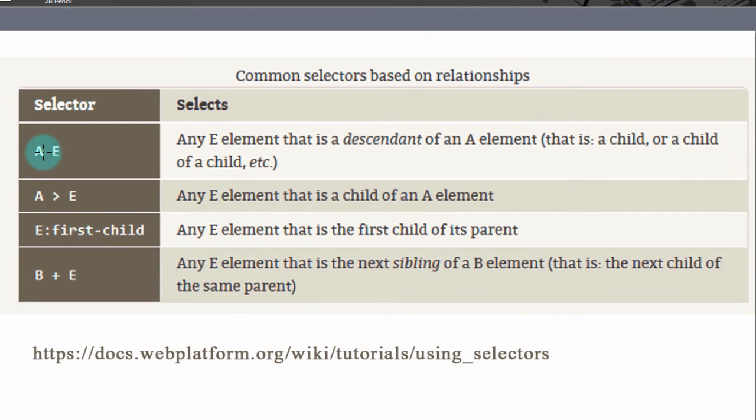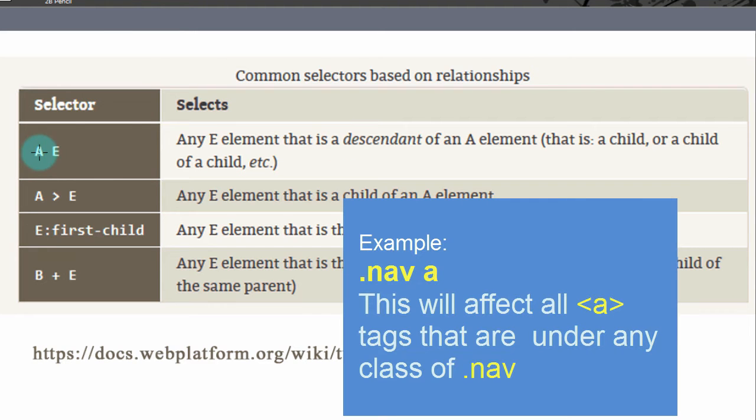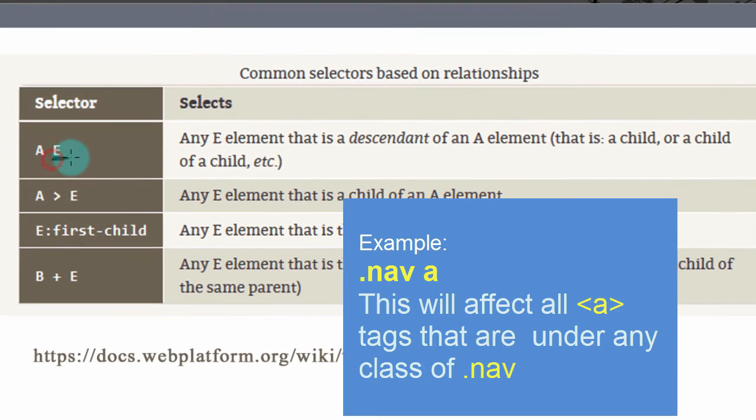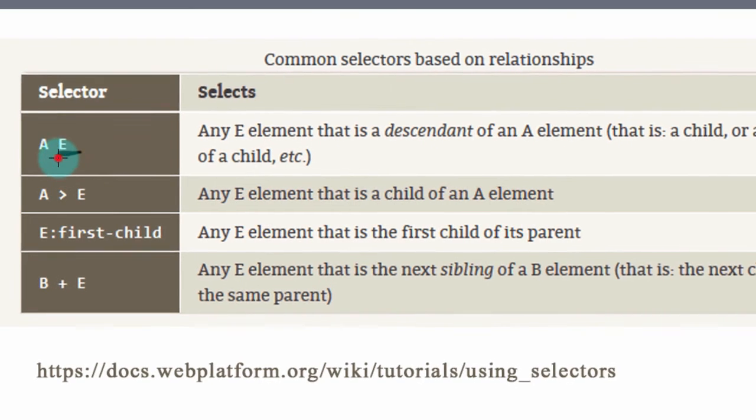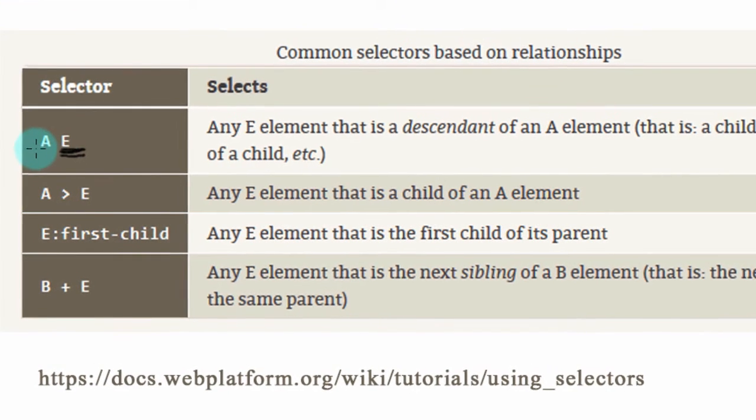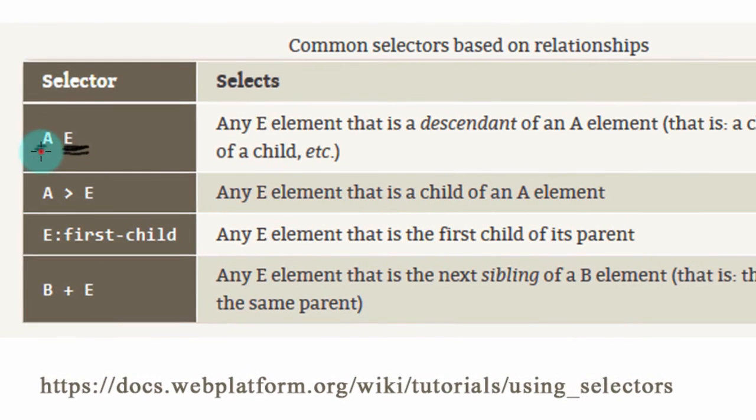This space selector, A space E, selects the descendants. So everything that is under A, that maybe this is a class, or maybe this is a tag, or it is an ID. This can also be a tag, ID, whatever it is.